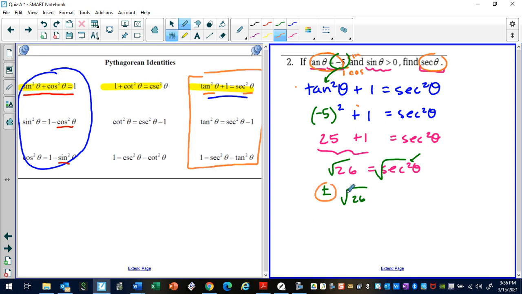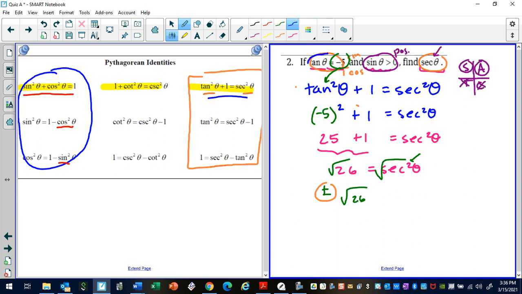But we do need to decide between the plus or the minus. And I think this was a little tricky for some of you. I think you forgot to think about "always sleep through class." Maybe I wasn't as nice on this as I was on the examples in class, because I was just talking in the directions about sine, not specifically about secant. So if sine is greater than 0, that means sine is positive. That would have to be in one of these two quadrants.